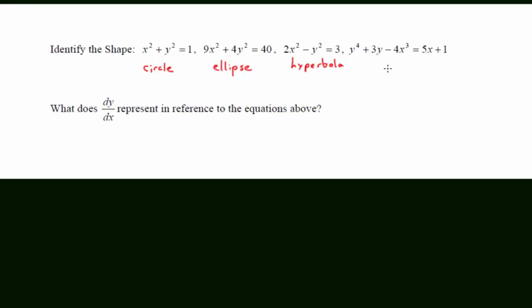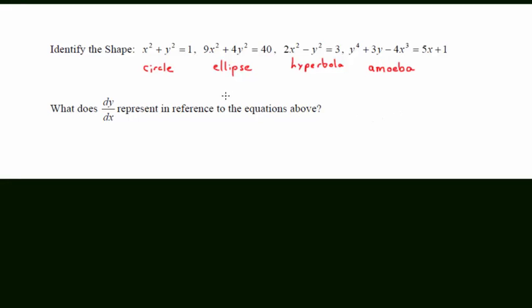And the last one. If you don't know what the last one is, you're not alone. Nobody knows what this is. Nobody knows the shape. So what I like to do, if I have a funky shape, a funky curve or relationship that I don't know what it is, I like to call it an amoeba.